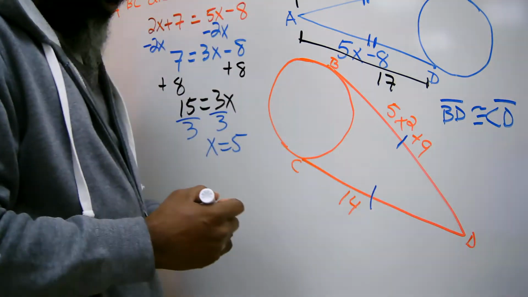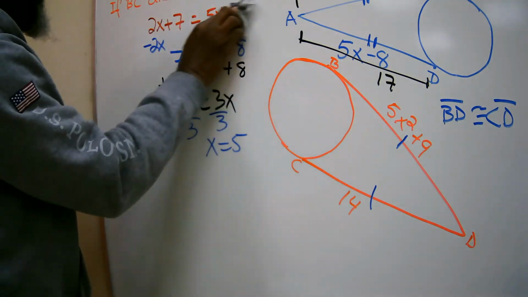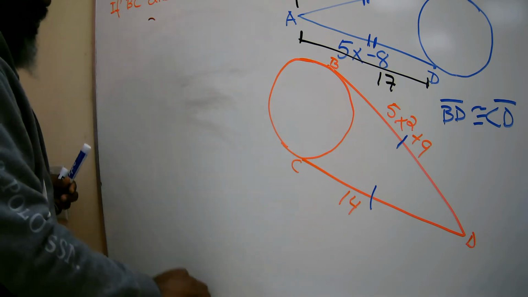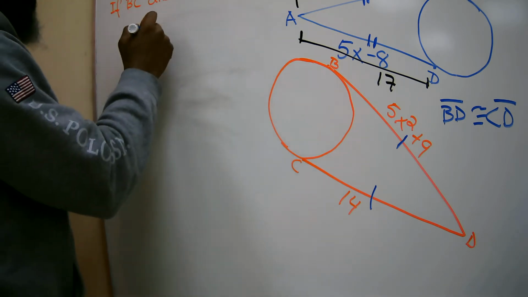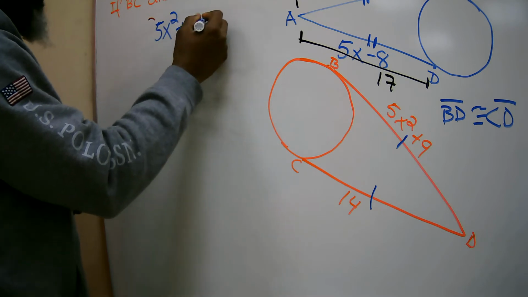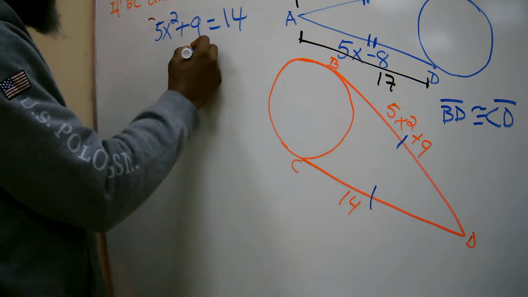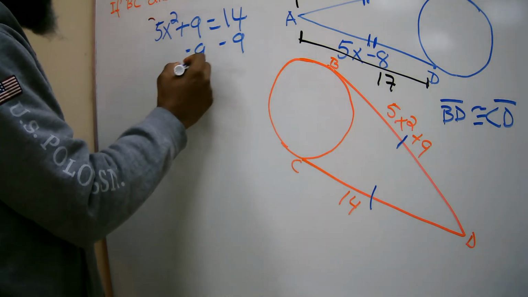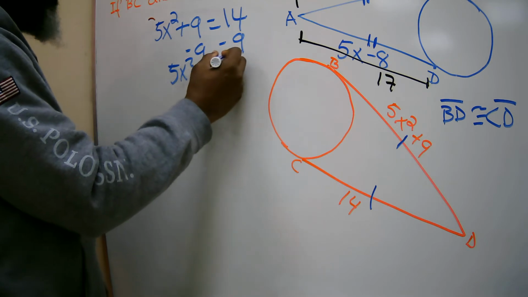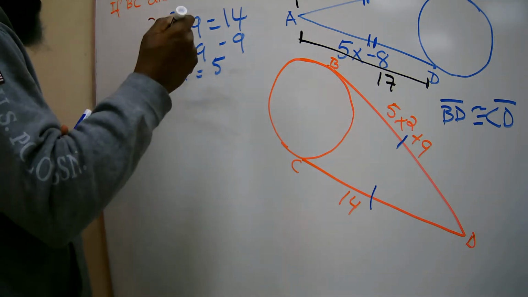So you will have to write an equation and solve for that expression. Your equation will be 5x squared, we have a quadratic equation, is equal to 14. So in this case, you will have to subtract 9 from each side. You will have 5x squared is equal to 5. Since your goal is to solve for x, you will have to divide both sides by 5.